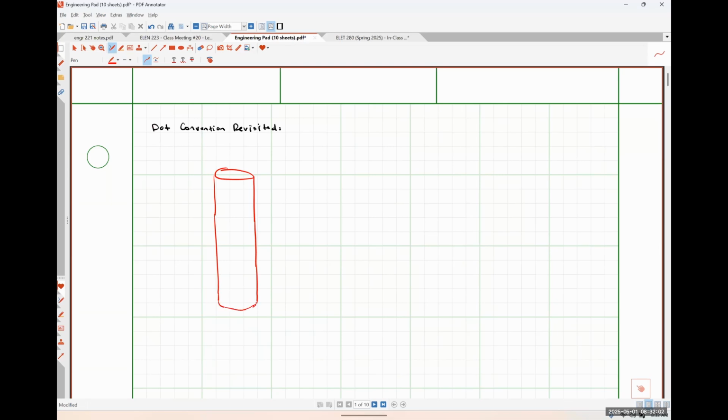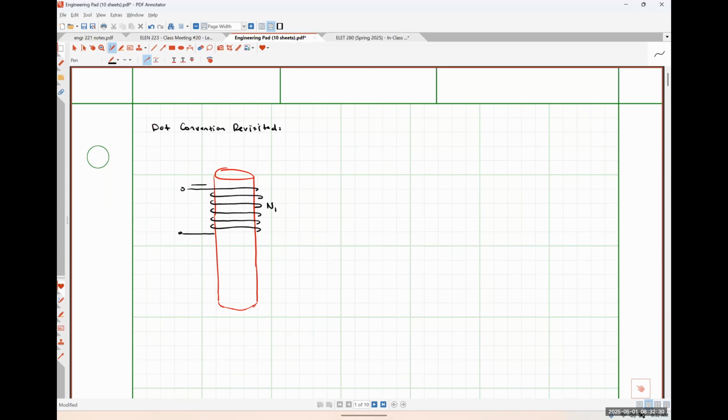So this is a section of core material like we've seen before, and I'm going to wrap a coil around it, okay? So here's my first coil, like so.